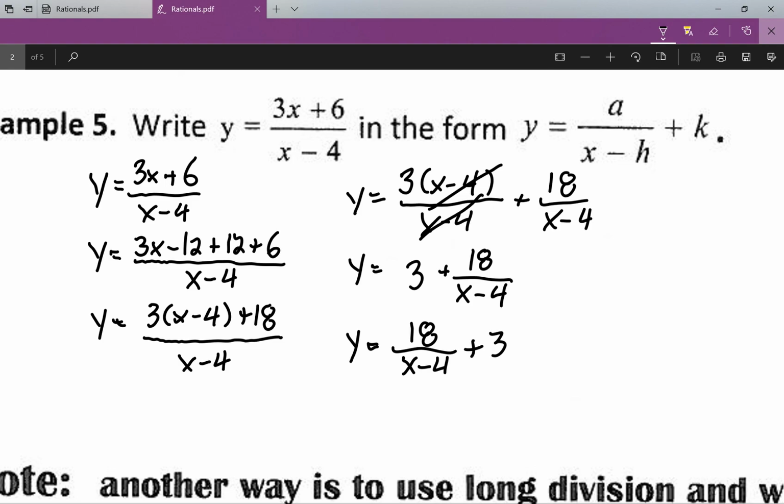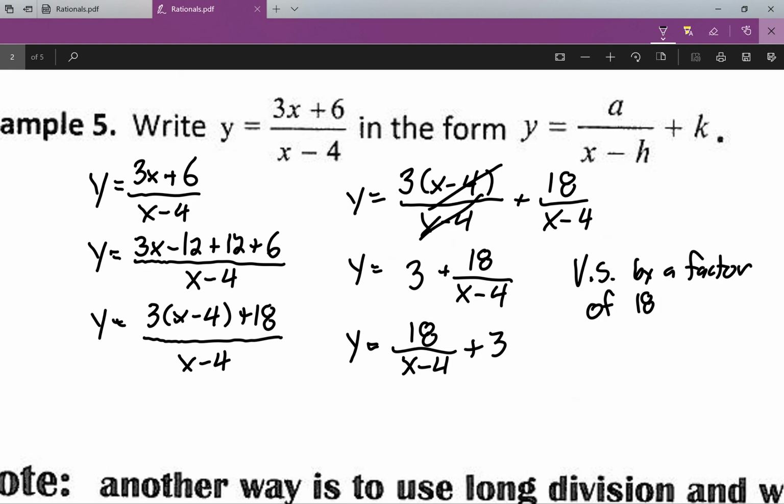Now, we're not going to go backwards on this one. I just went backwards to show you guys that it is possible to go backwards. Instead, we're just going to state what all the transformations are that are going on here. Looking at my a value, it is 18, so that means that I get a vertical stretch by a factor of 18.